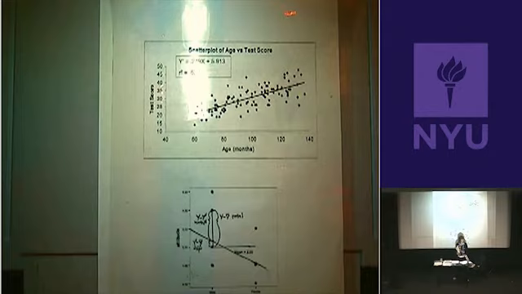Here's the scatter plot. From the scatter plot, what do we think about this correlation? What does it look like? It's positive, right? As age is increasing, their verbal comprehension scores are increasing. And it looks like a pretty strong correlation. Okay, so I have the equation there, but let's calculate it.